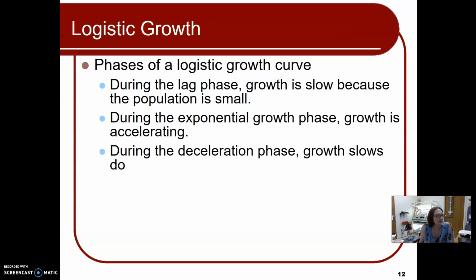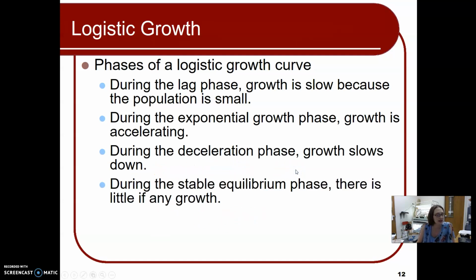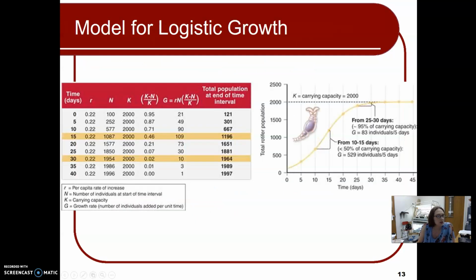So here we have phases, the lag phase, the exponential phase. Then you have the deceleration phase, where growth begins to slow down and we hit an equilibrium. So we had that exponential growth right in here. We're slowing down, deceleration, and then we hit this stable area, and we call that the carrying capacity.